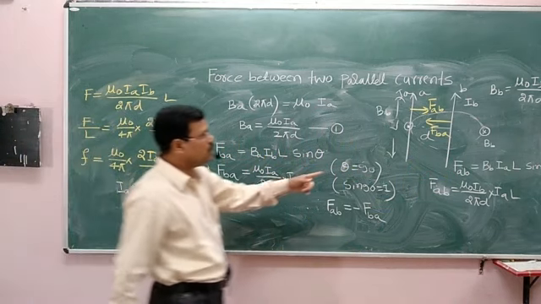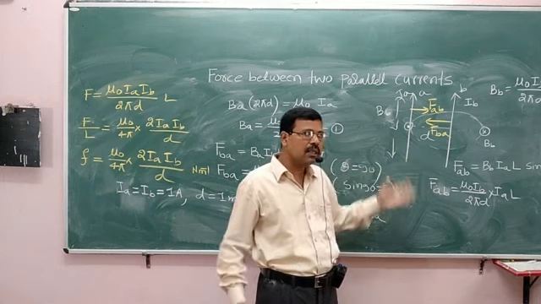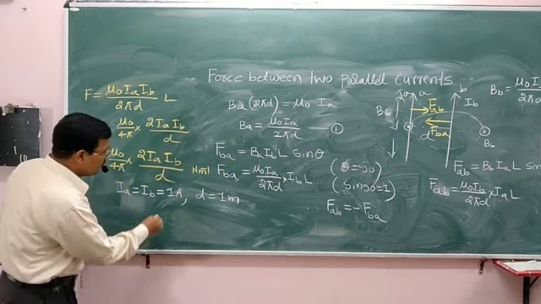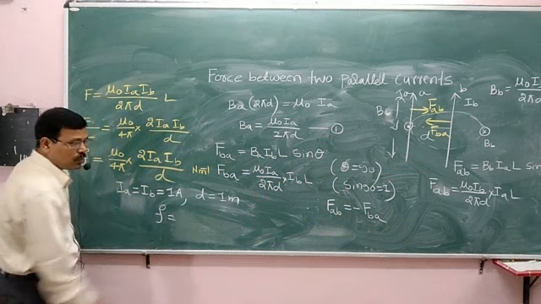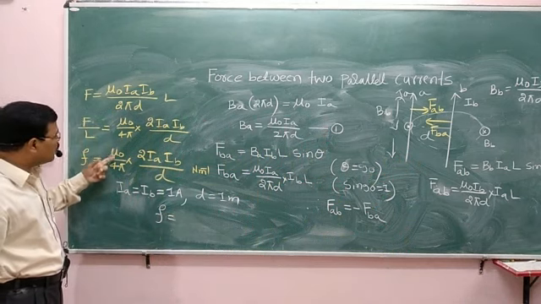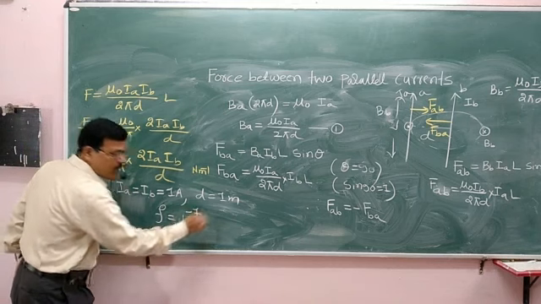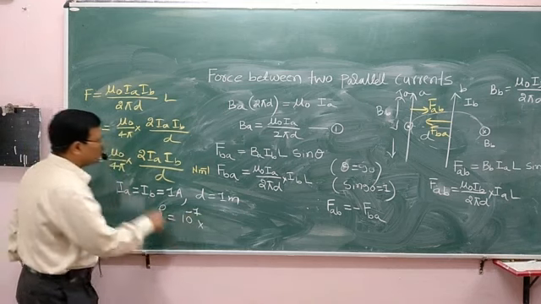Then how much force would each conductor experience? As we know, mu naught by 4 pi is a constant value, 10 raised to minus 7 into 2.